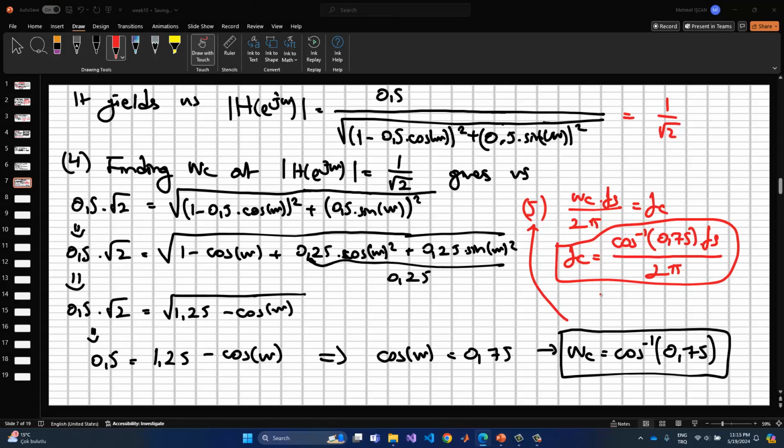Okay, so this is the IIR filter response design in the normal case in the discrete domain, guys.